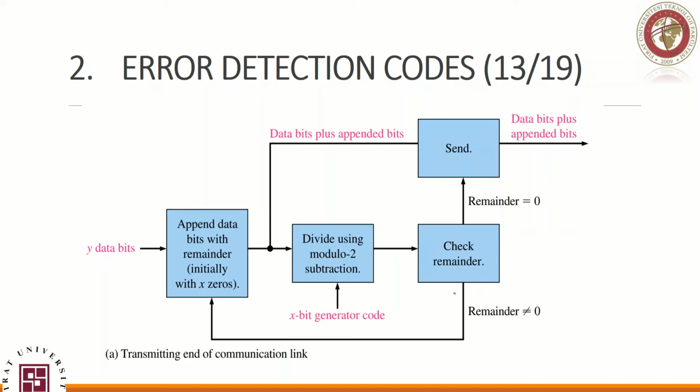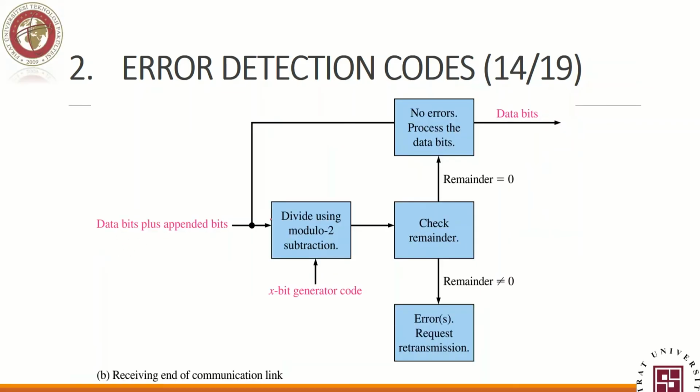If there is a remainder, we append it to the data and we send. If there is no remainder, then send as it is. And that is how it is sent: my data with appended zeros, or my data with appended remainder.